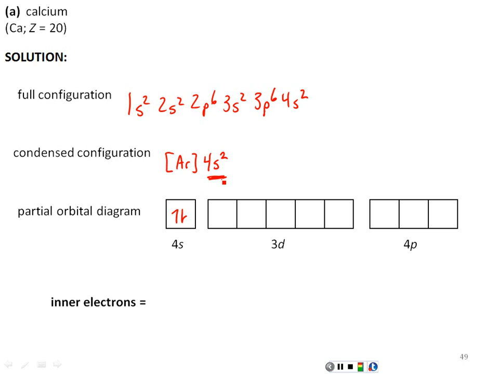So every other electron will be considered an inner. So we have 2 plus 2 plus 6 plus 2 plus 6. And that, if I did my math correctly, equals 18 inner electrons.